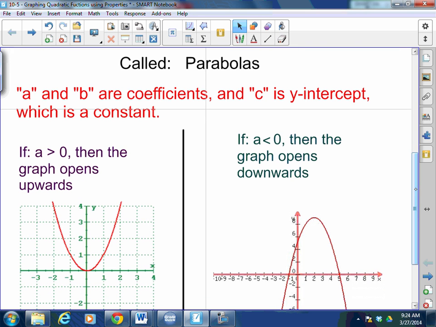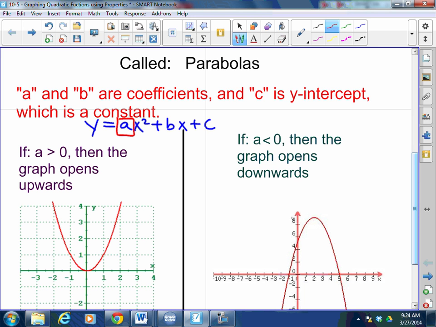Let's really investigate what every part of this is so you can really understand. Remember again that we're working with y, or f of x, equals ax squared plus bx plus c. All of these guys have a significance. Let's look at the a. Okay, the a is the coefficient of x squared. If a is greater than 0, if it's positive, then the graph will open upwards, just like you see right here. Period.